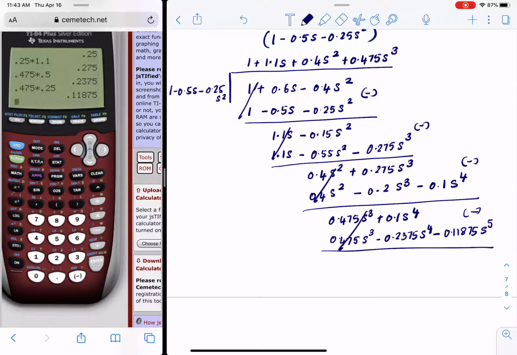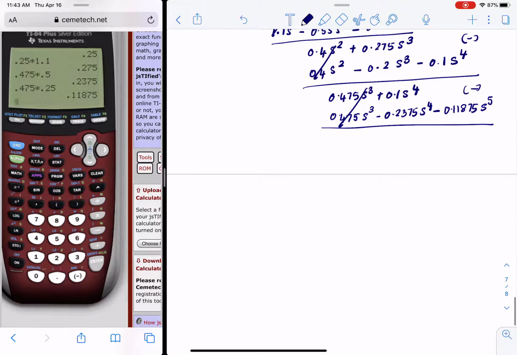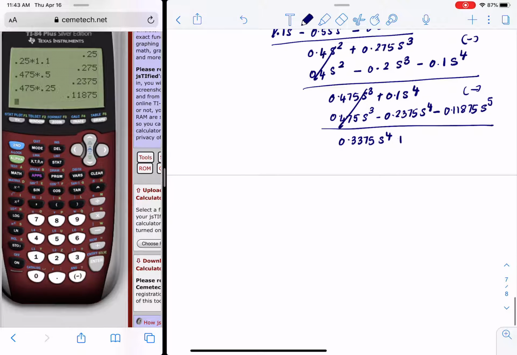Subtract: 0.3375s raised 4 plus 0.1188s raised 5.